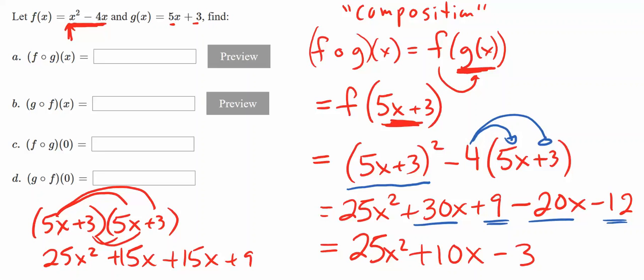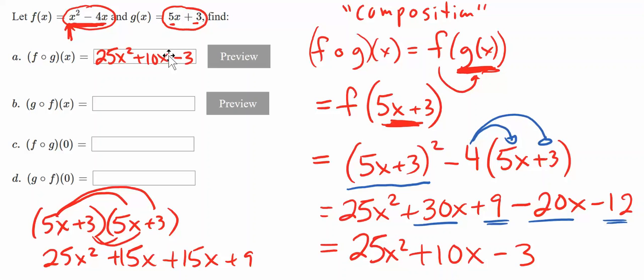So there's our generic function for doing both of those works together. It does the g function work and then also the f function. It takes a number inside here, does the work there, and whatever the output is goes in here and does the work there. So it'd be 25x squared plus 10x minus 3.